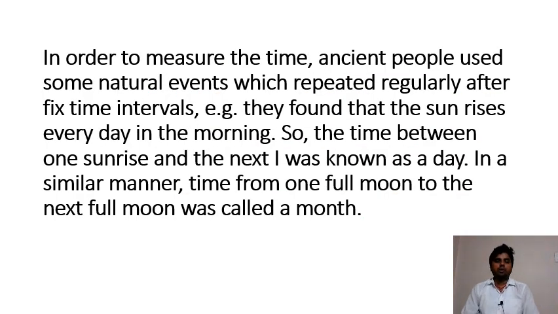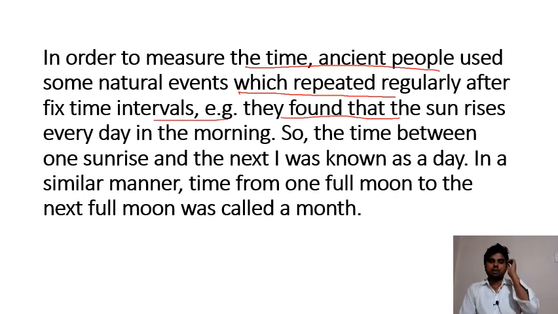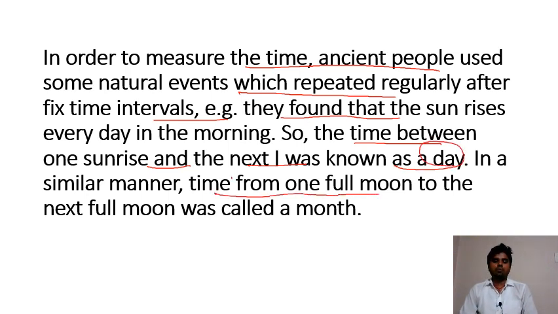Now, in order to measure time, ancient people used some natural events which repeat regularly after a fixed interval of time. They found that the sun rises every day in the morning, so the time between one sunrise and the next one was known as one day. In a similar manner, the time from one full moon to the next full moon is known as 1 month.